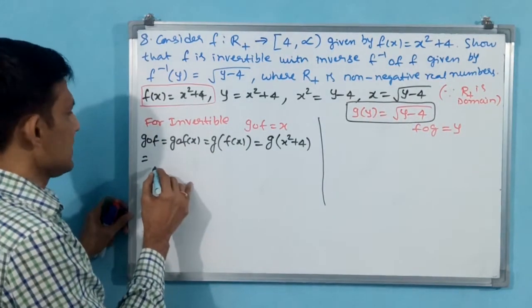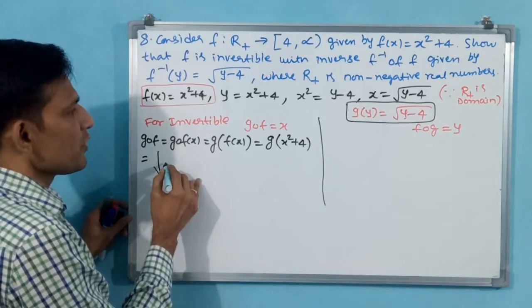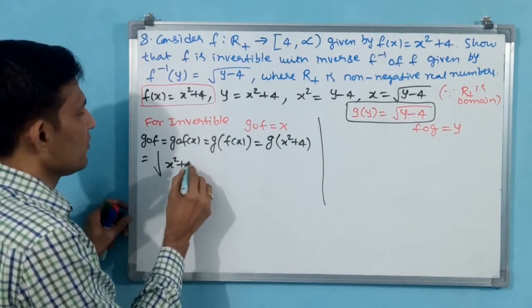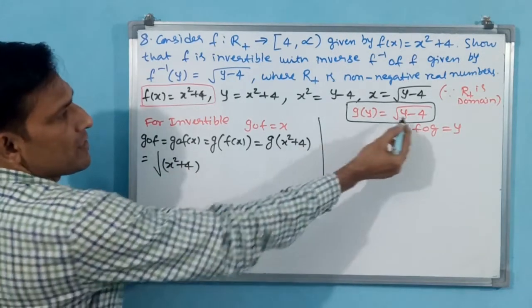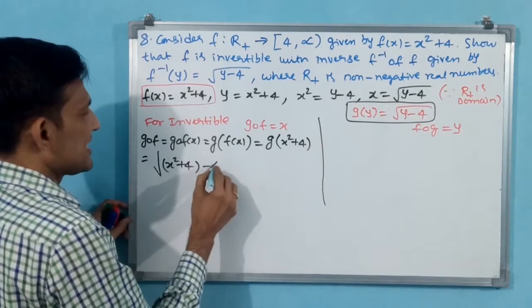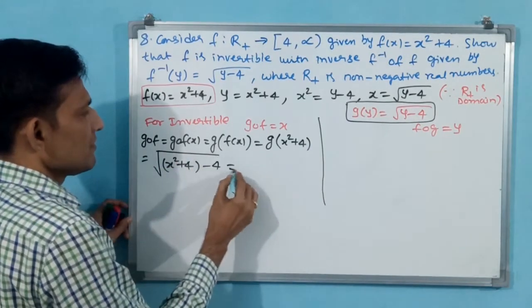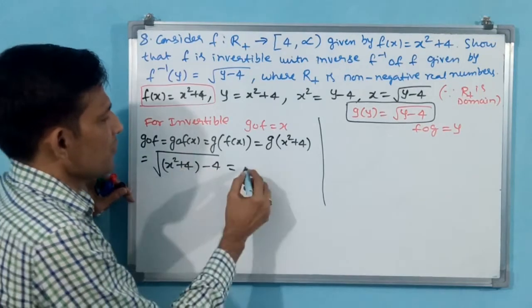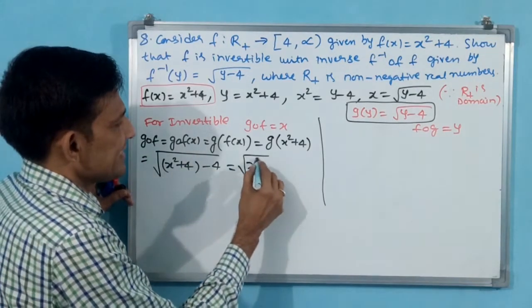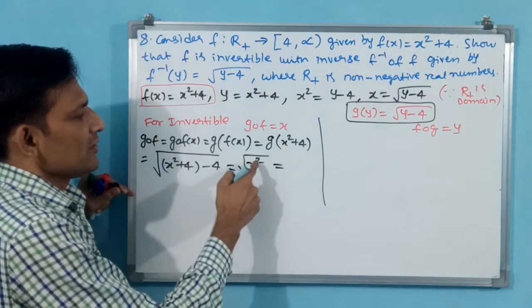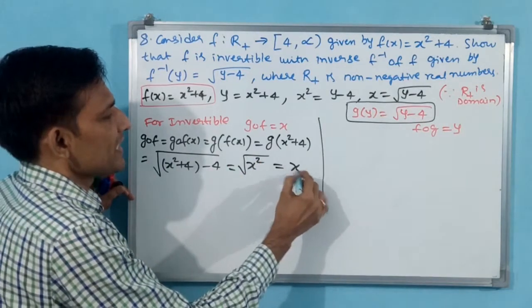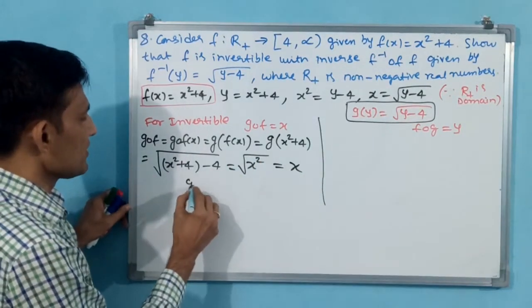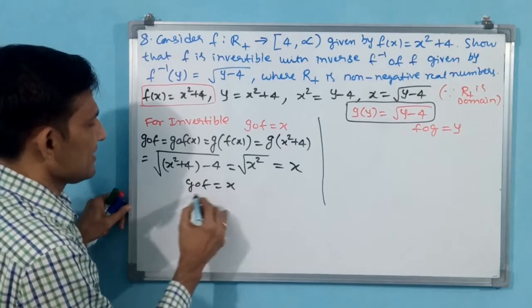So the input is x square plus 4, which you keep in brackets, minus 4. Now if you open the bracket, minus 4 plus 4 get cancelled, and the square and square root get cancelled. That means finally LHS is equal to RHS.